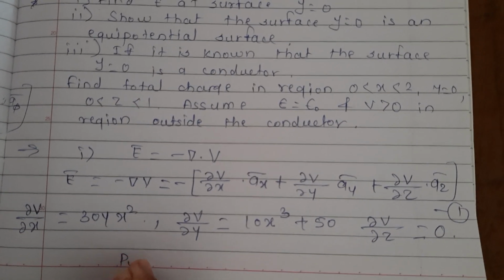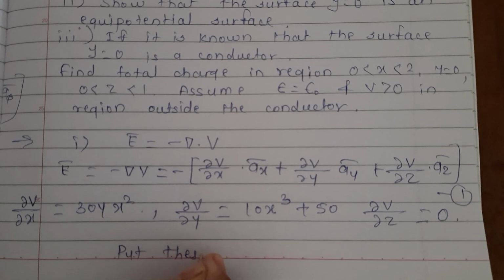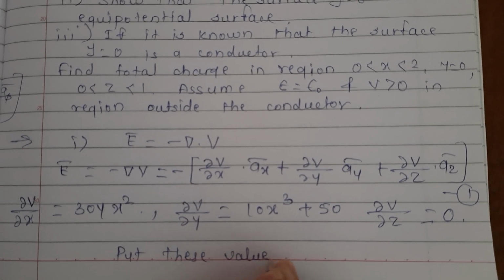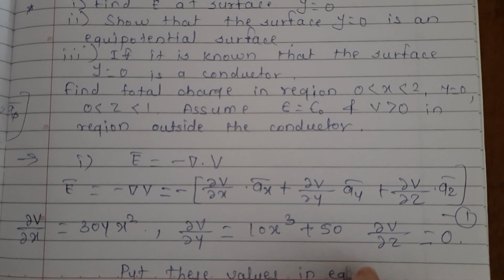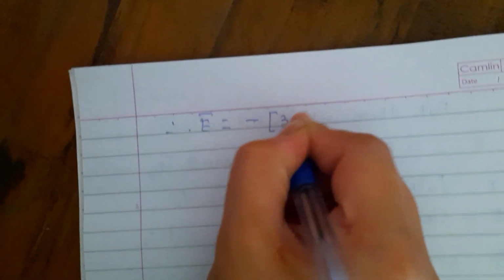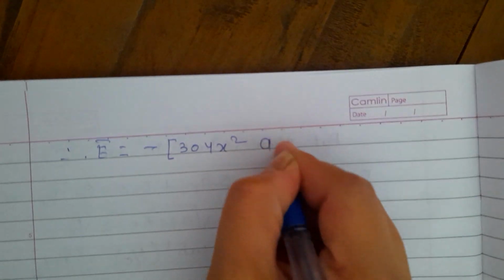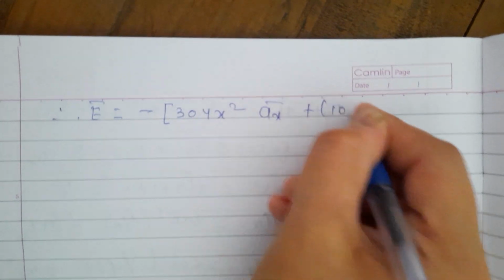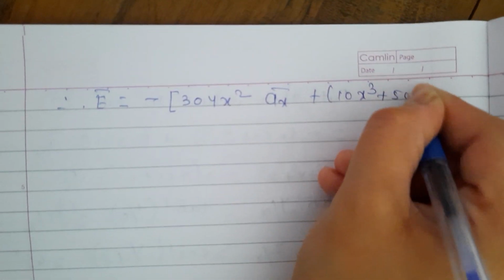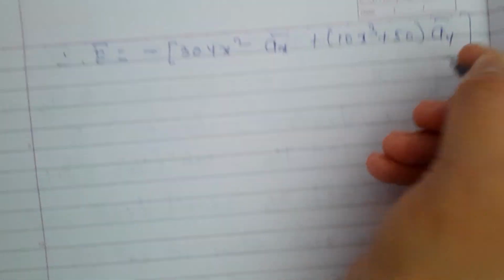Now put these values in equation 1. So E bar is equal to minus of 30y x square ax bar plus 10x cube plus 50 ay bar.